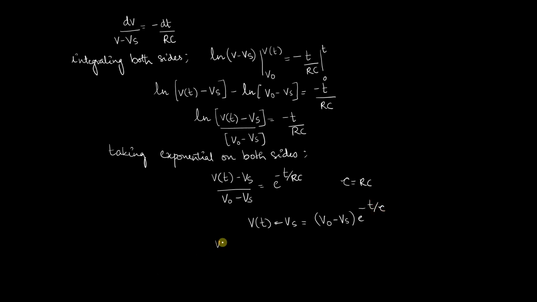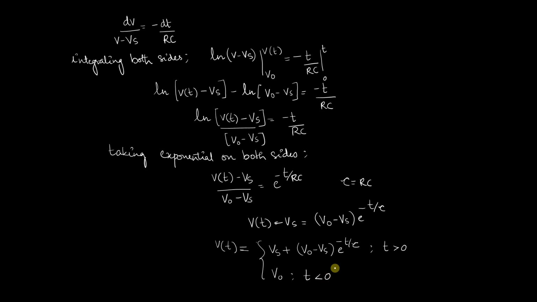Or we can write V of t to be equal to Vs plus V naught minus Vs e power minus t by tau for t greater than 0 and equal to V naught when t less than 0.